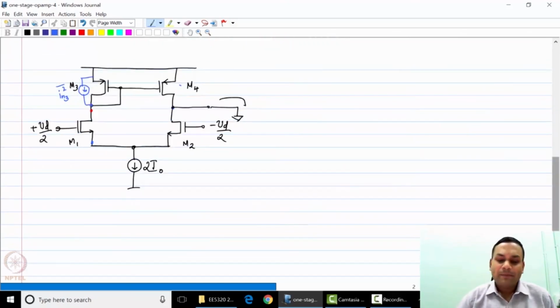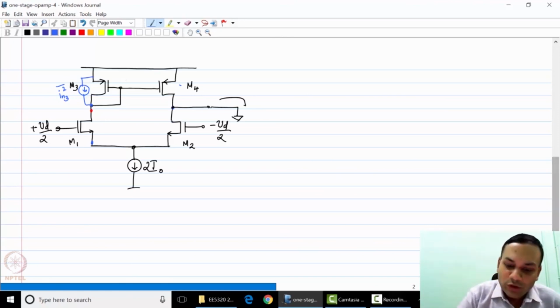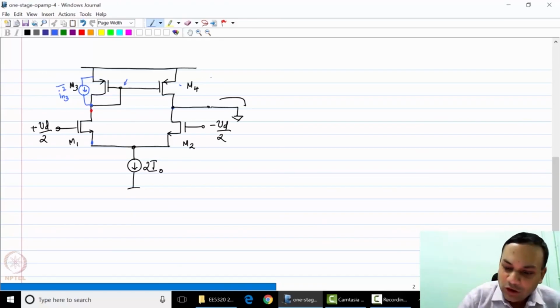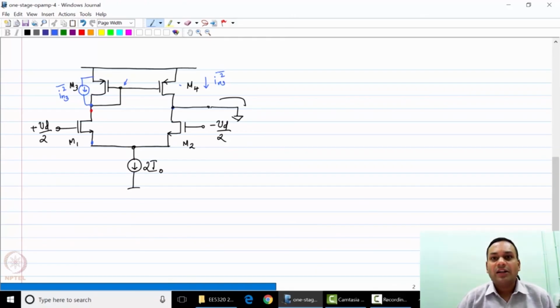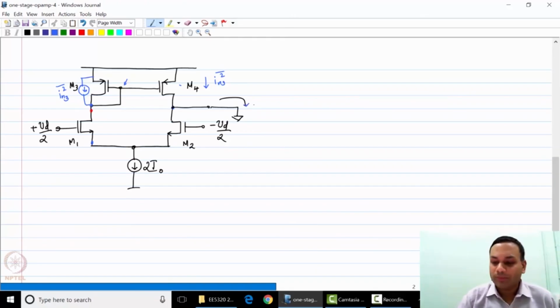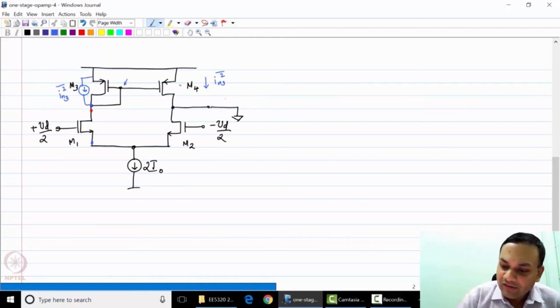All of this current would try to flow back into M3 itself. It would generate a small signal noise voltage here, and it would cause a current IN3 squared to flow here, and it will flow through the output. So there will be a current IN3 squared flowing into the output.